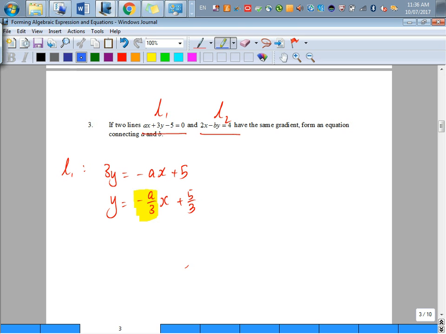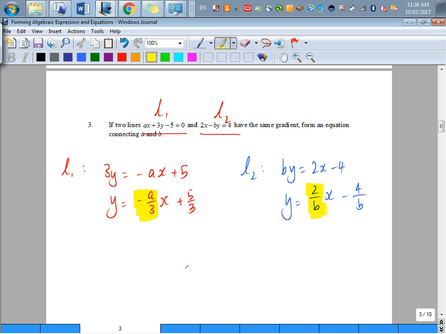We do the same for line number 2. Okay, so by, make y the subject. By equals to 2x minus 4. Y equals to 2 over b x minus 4 over b. And my gradient is 2 over b.